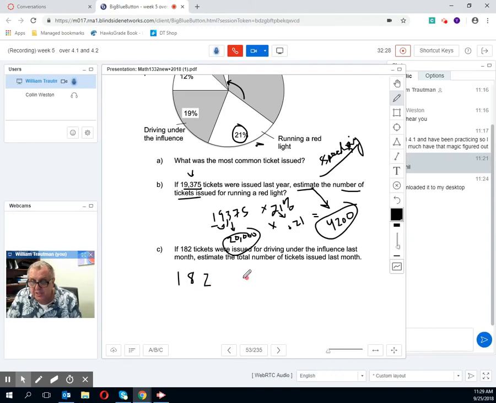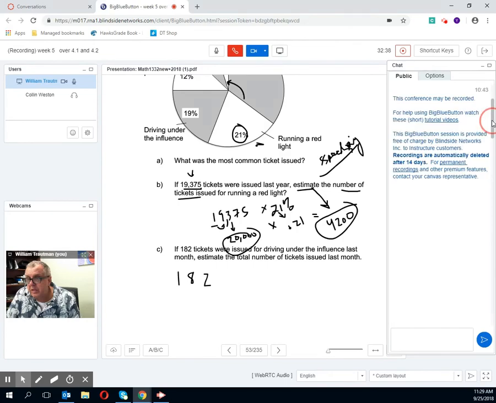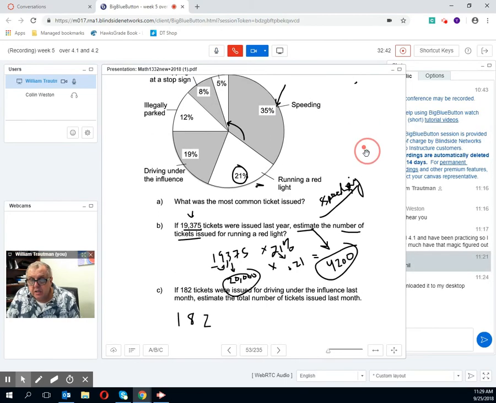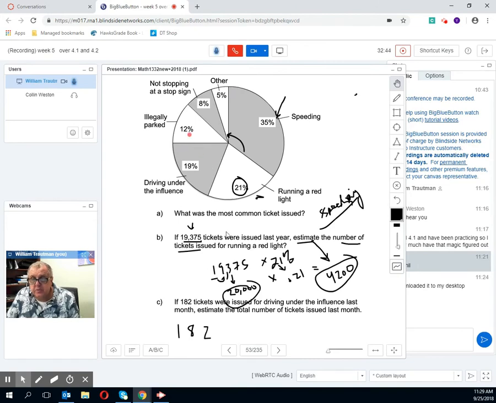182 tickets were issued for driving under the influence last month. Estimate the total number. Well, let me bring this back up. Under the influence was 19%.